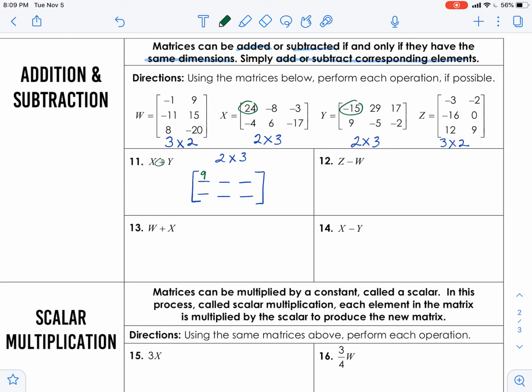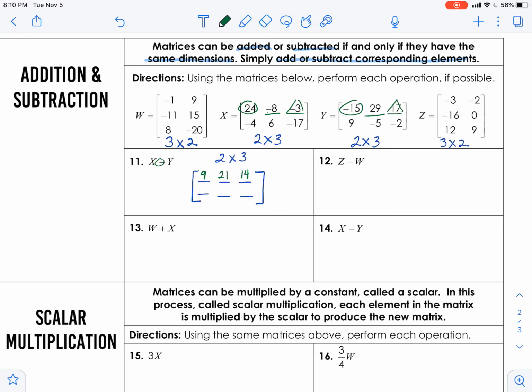Okay, then I have the 1, 2 position, negative 8 plus 29, so that would be a 21, and that would go in the 1, 2 position. So we've got a negative 3 and 17. So we're going to add those together. That's going to give me 14. And again, that would go into the 1, 3 position.